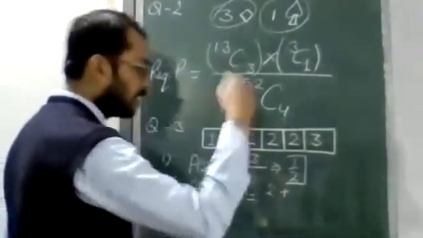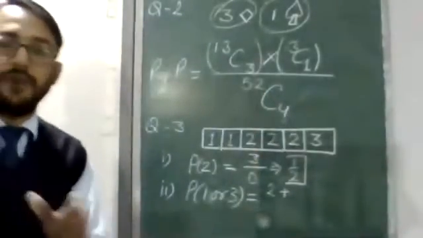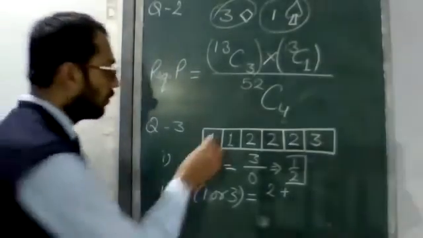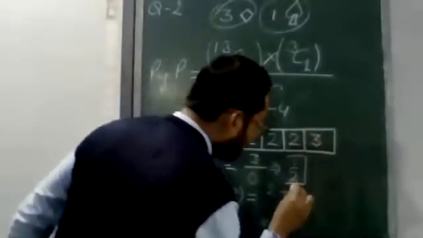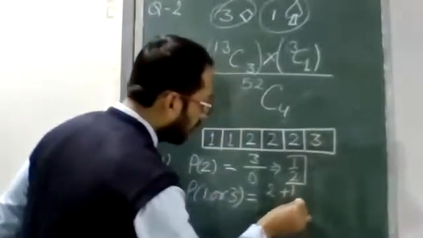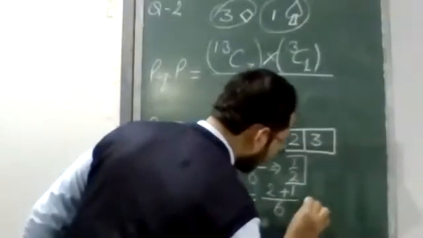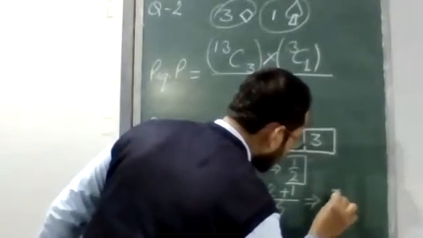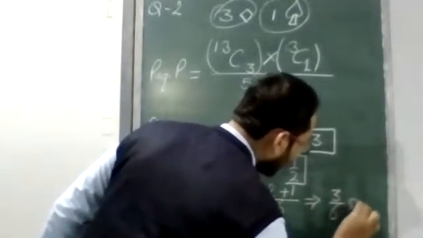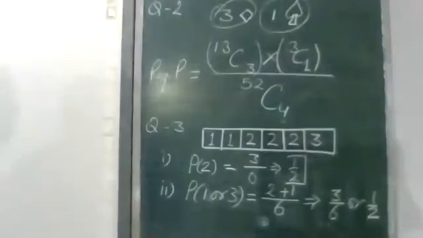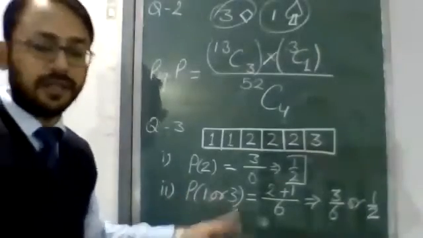And the next condition says "or", and "or" means addition. 1 or 3: 3 is one case. Total cases are 1, 2, 3, 4, 5, 6. So it will be 3 by 6, or 1 by 2, which is the probability of getting 1 or 3.